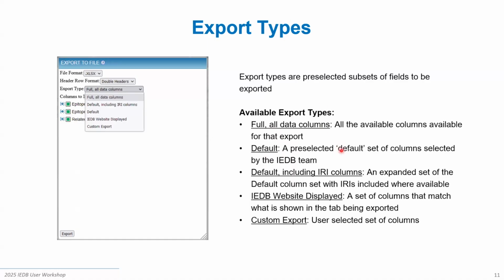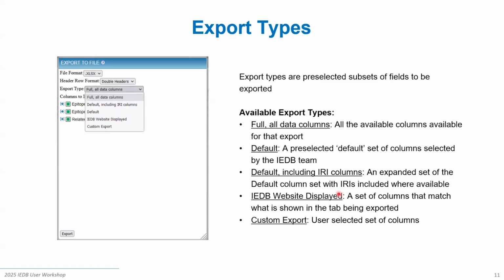You have the default with IRI columns, which is the same as the default, but we also include IRI fields, which are identifiers within those things. The IEDB website displayed will match your query exactly, what you're seeing on that tab.